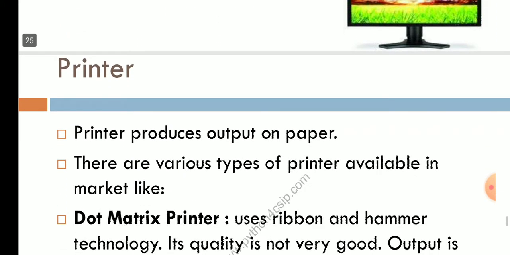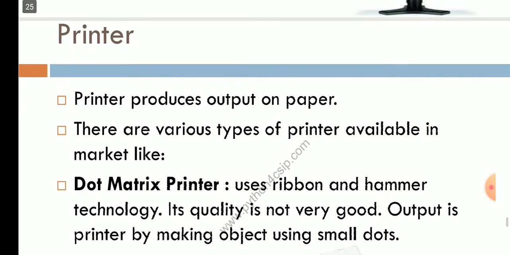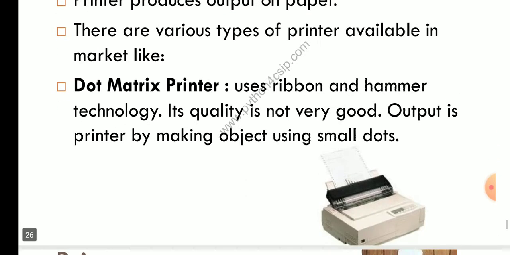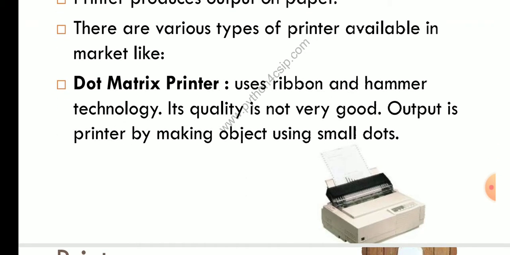Next we'll move on to the printer. A printer gives a hard copy of the content of our soft copy. There are various types of printer. One is dot matrix. Look at this printer. Nowadays we are not using it, but in the 1980s and all, we were using this dot matrix only.